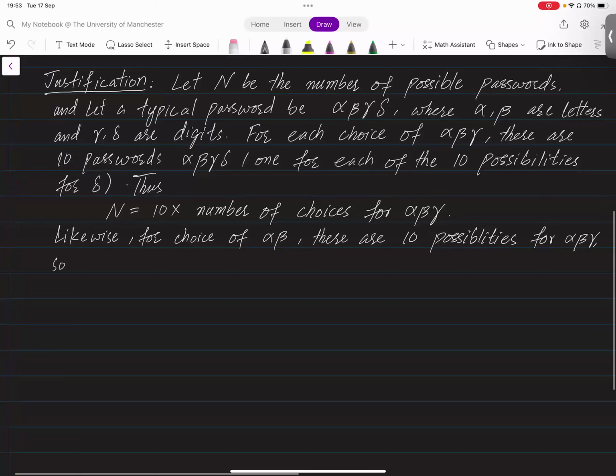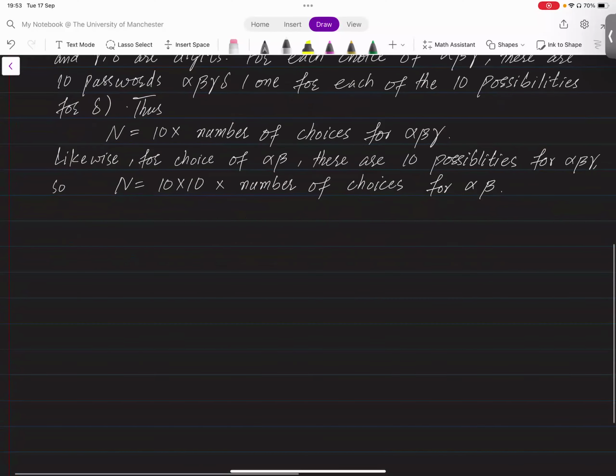So we again have n is 10 multiply 10 multiply the number of choices for alpha, beta. Perfect.